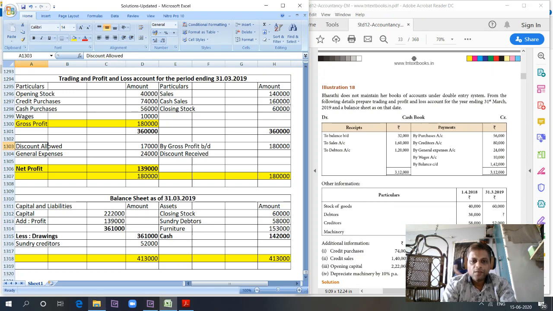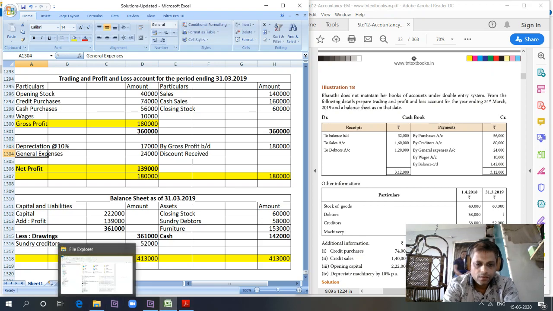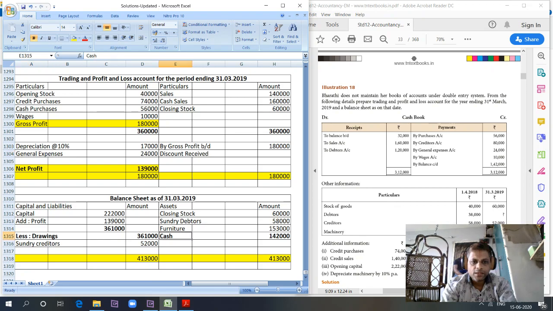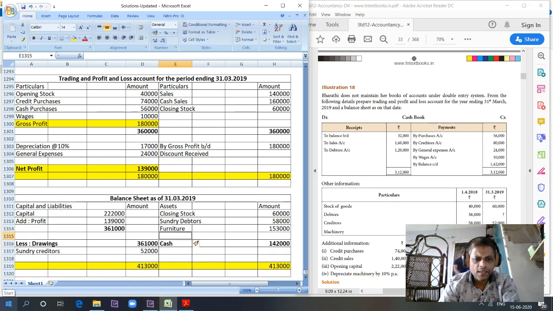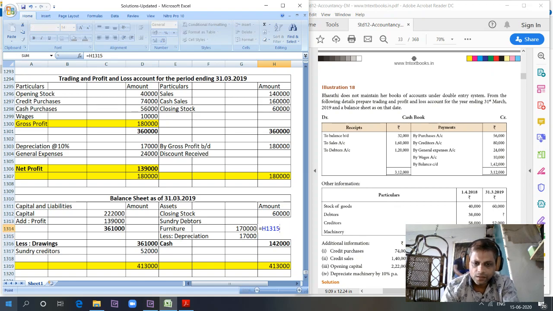So we have closing stock, sundry debtors, and machinery less depreciation of 10%. Let's show it very clearly here. Machinery 1,70,000, less depreciation 17,000, is equal to 1,70,000 minus 17,000, 1,53,000.